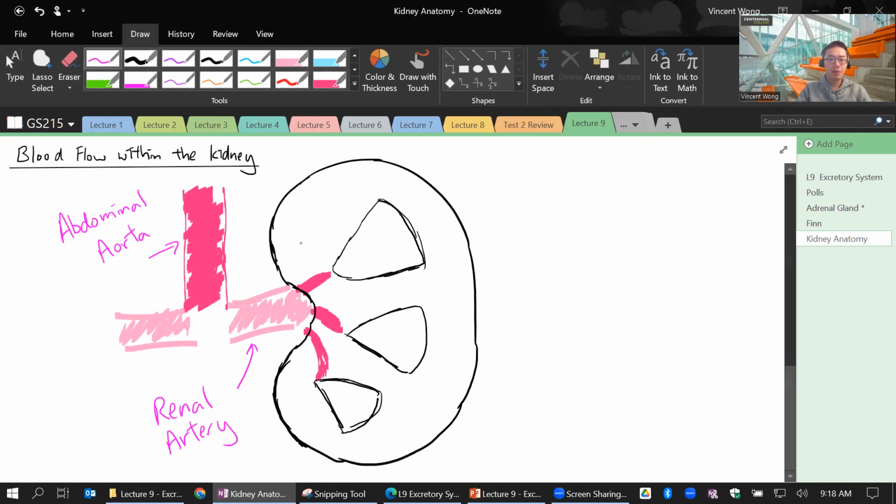And they are called segmental arteries. A little segment, right? So segmental artery. And they lead towards the renal papilla.